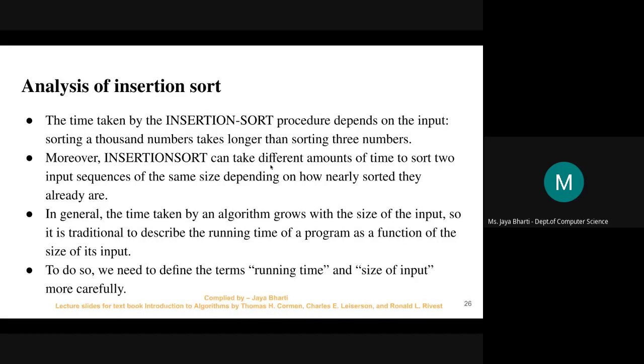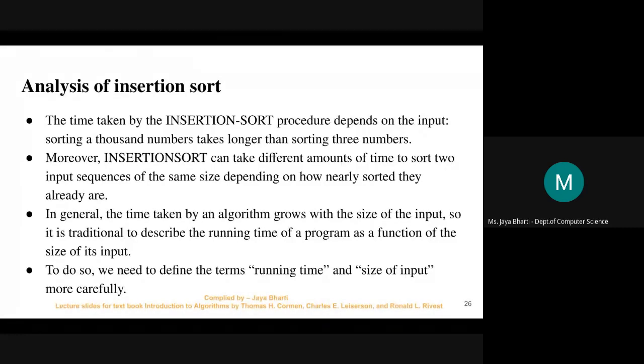Moreover, insertion sort can take different amounts of time to sort two input sequences of the same size, depending on how nearly sorted they already are. Suppose you have 10 elements in the array and three variants. The first one is sorted in increasing order, the second one is sorted in decreasing order, and the third one is the random array, I mean, it is unsorted.